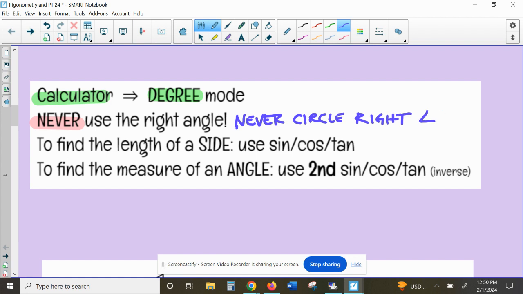Notice on the 3 examples on the front, I never circled the right angle because you can't do trig from that, because your opposite and your hypotenuse will be the exact same thing, won't they? There's going to be a problem there. It's not going to work. So it only works from the 2 other complementary acute angles of a right triangle. So that's the one we're always going to be circling, okay? I mean, we're going to be circling one of the other ones. Never, ever the right angle. All right. Next.